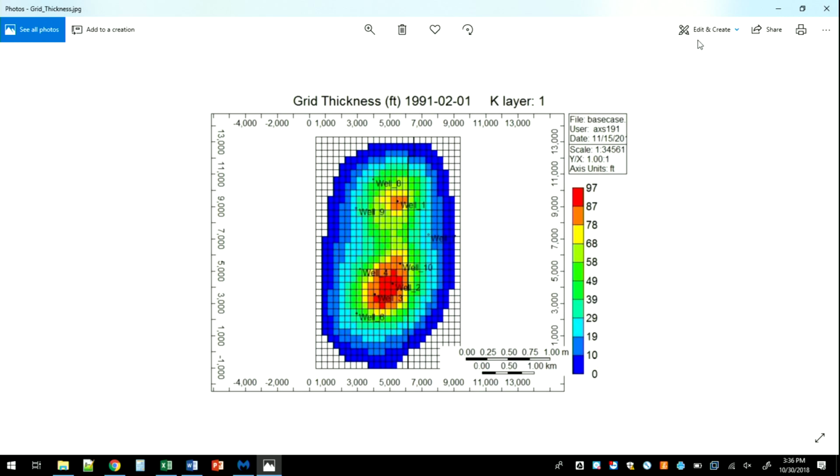The next level of this would be what? What are we missing even from this scale of resolution? In what other direction might properties vary? Yeah, depth. So we're also not accounting for vertical heterogeneity as well, which is variations in depth.